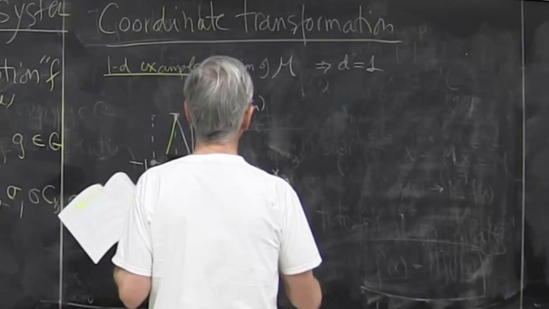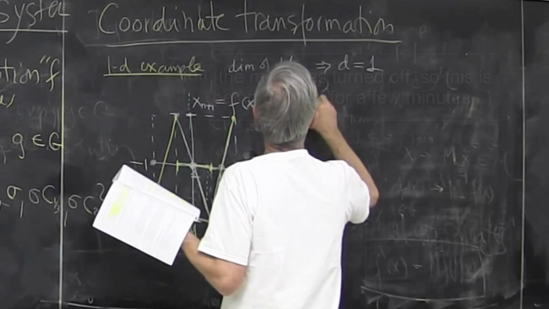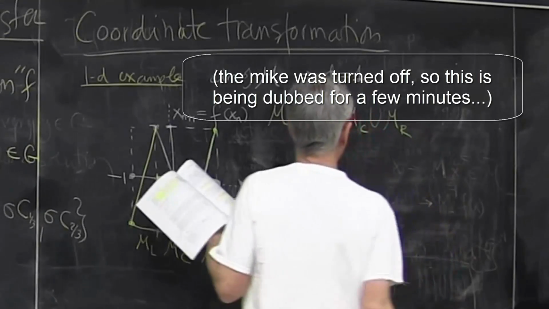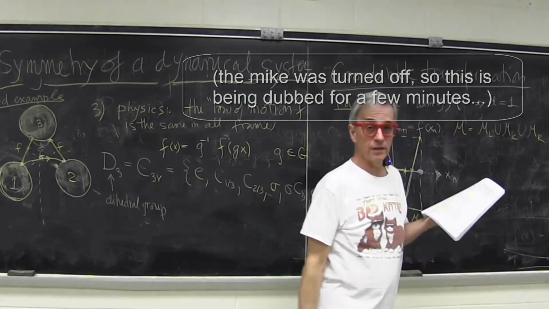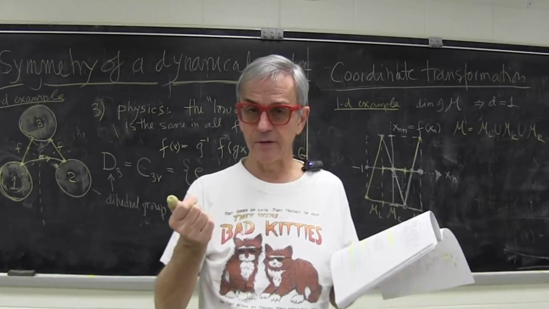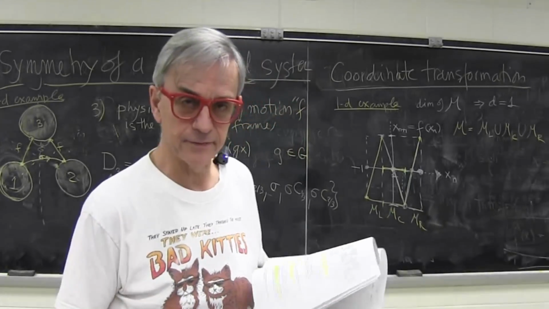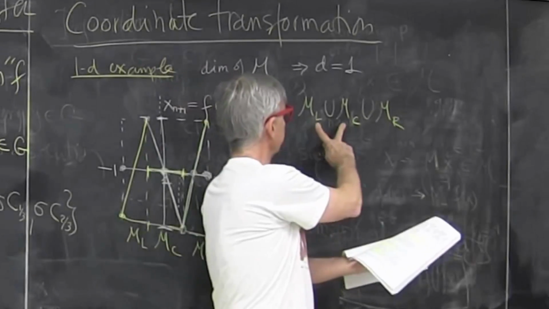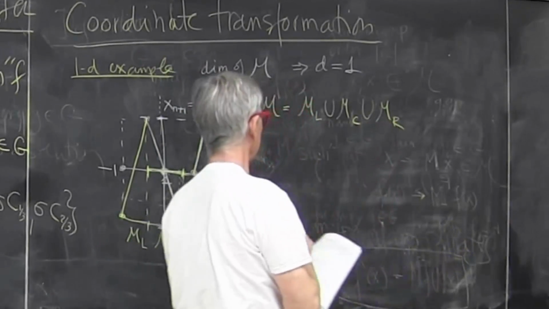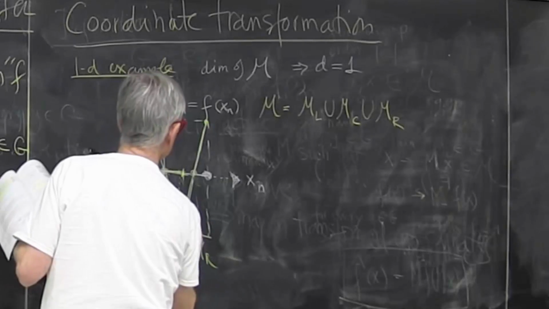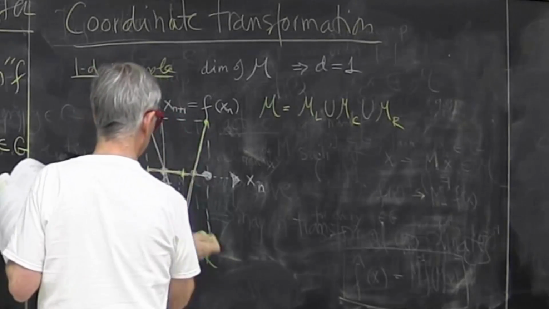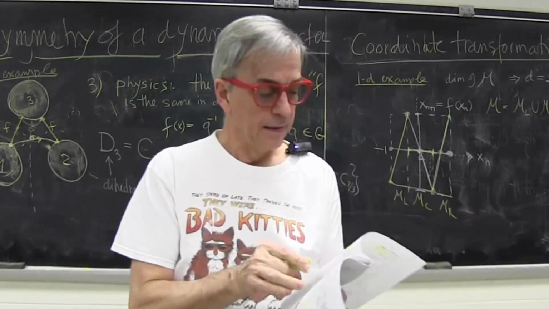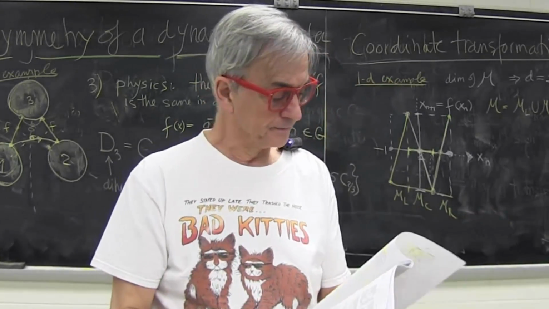So M is the union of M_L, M_C and M_R, correct? And actually, that's fuzzed over in the book, and I'll be grateful if you help me clean it up. You also care about the fact that these things overlap, so that these points here belong to both sets. So border points are very important.